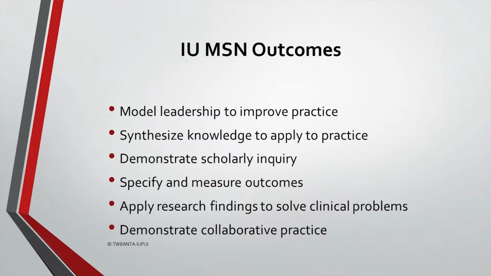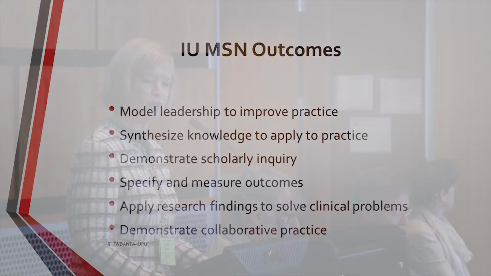So the Indiana University Master of Science in Nursing has specific outcomes about modeling leadership at the application level, synthesizing knowledge, demonstrating inquiry, another application, and then specifying and measuring outcomes, which I will call at the evaluation level. So action verbs, nice examples.